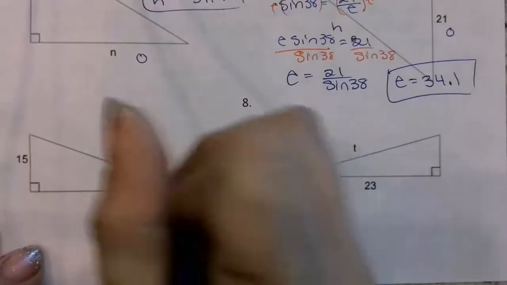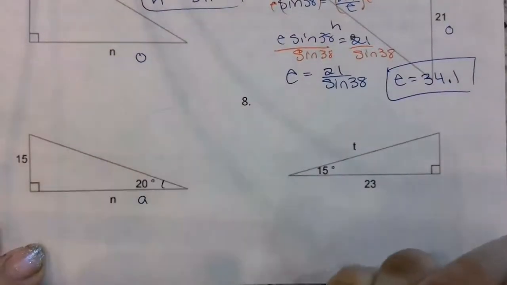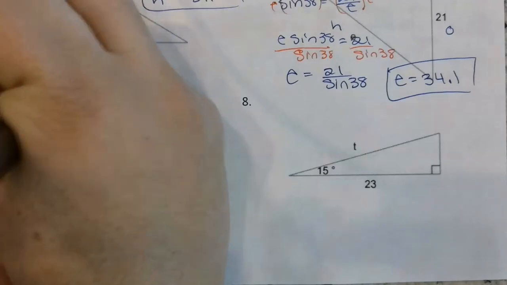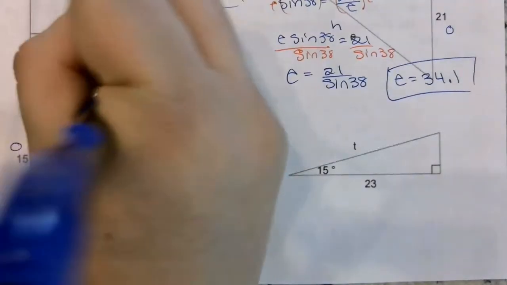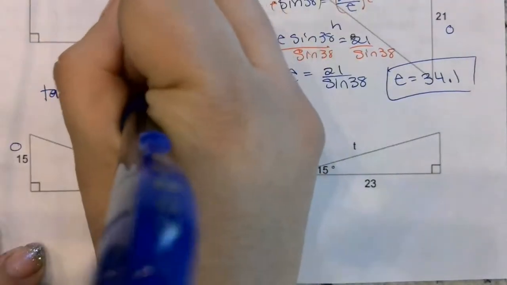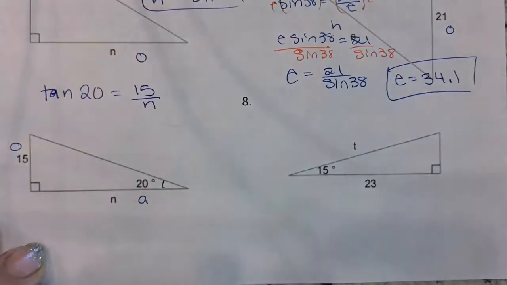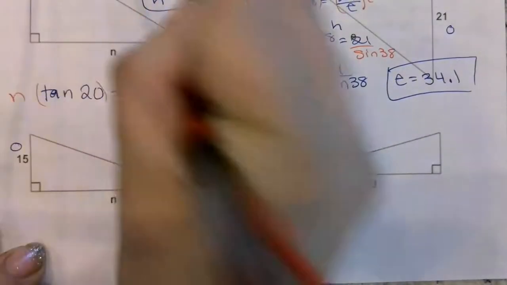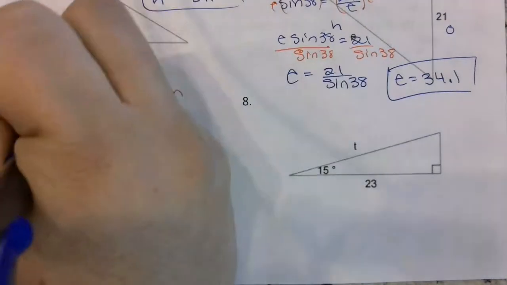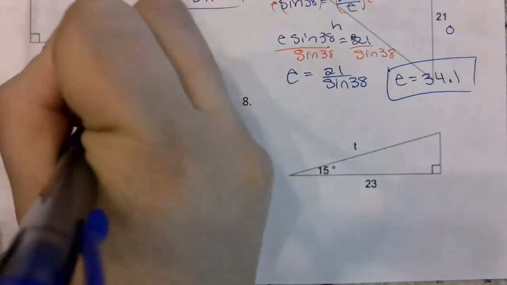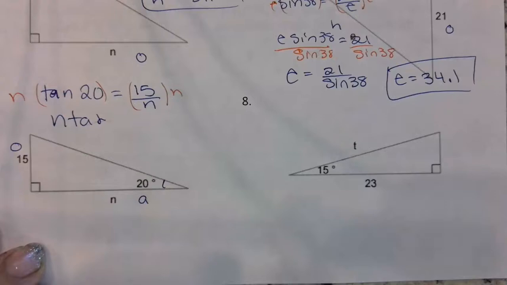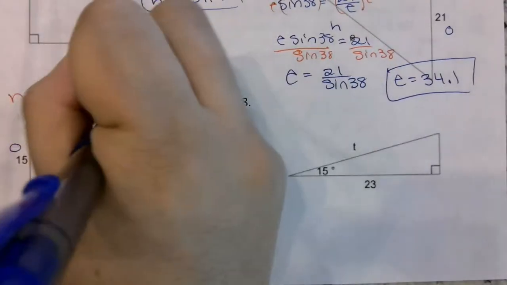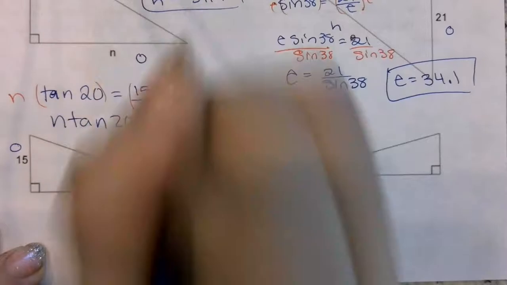Okay, over here, I'm looking for my adjacent. I know my opposite. This one is going to be tangent. I have tangent of 20 equals 15 over n. So same thing as before. I want to get rid of my fraction. I'm going to multiply by n. Then I end up with n tan 20 equals 15.